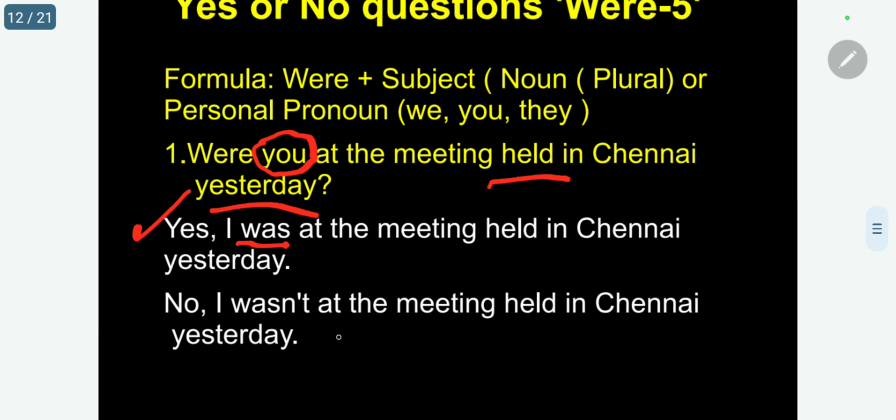No, I was not at the meeting held in Chennai yesterday. Even though we are using "were" in the question, when I am giving the reply, I am using "was" because "I" is a singular pronoun. So I wasn't at the meeting held in Chennai.